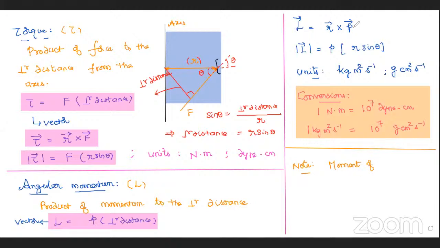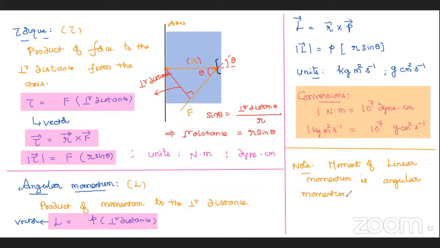This is the cross product of linear momentum. That's why moment of linear momentum is defined as angular momentum.